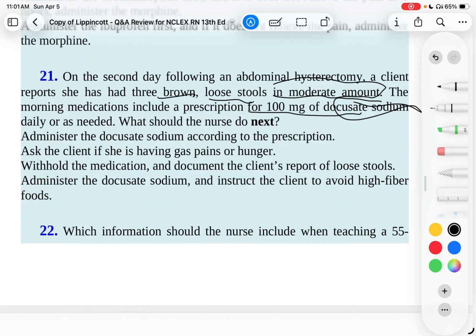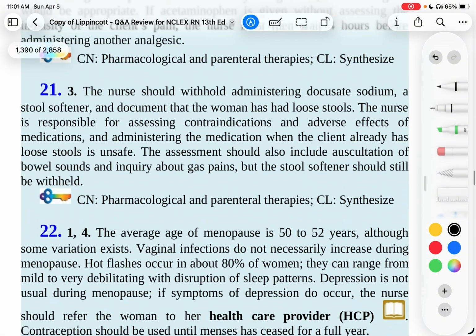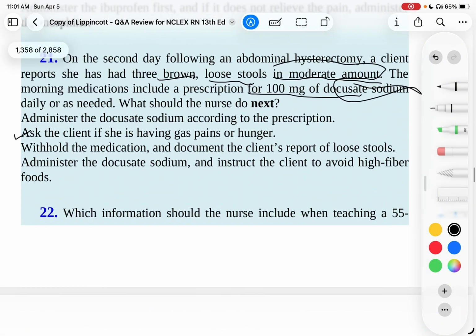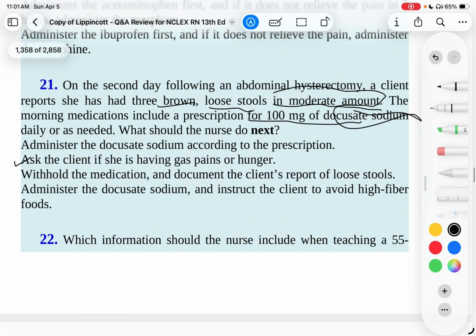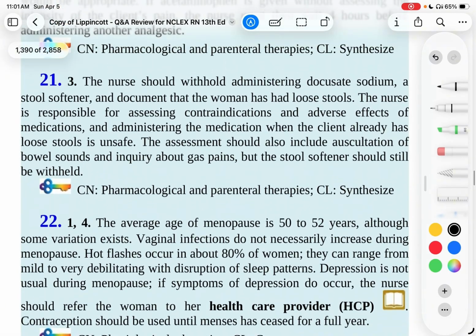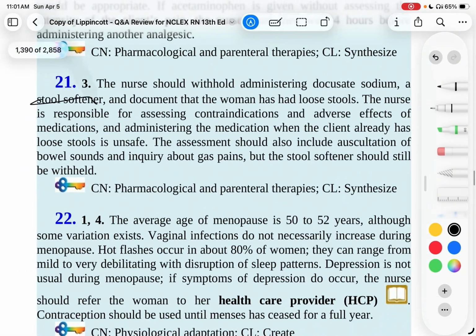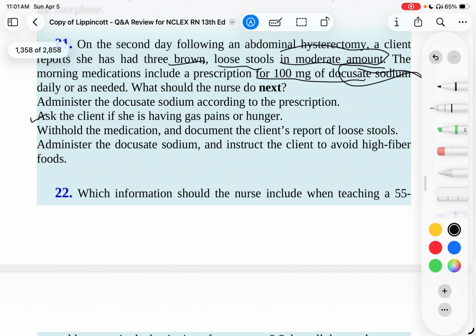I think the answer is 3. Hold the medication and document the report of these stools. Docusate is a stool softener. So, if the client has loose stool, the nurse should hold the stool softener.